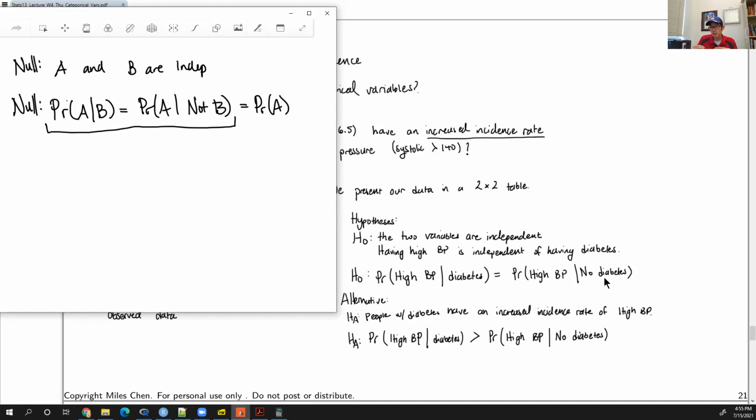So if they're independent, then whether somebody has diabetes or doesn't should not have an effect on whether that person has high blood pressure or not. That's what we're trying to say. If someone's diabetic or not diabetic, it has no influence on the incidence rate of high blood pressure. That's the null hypothesis.